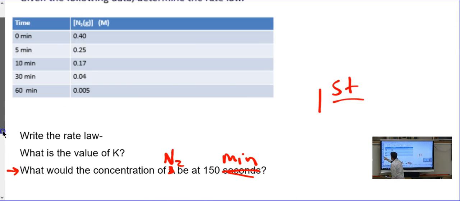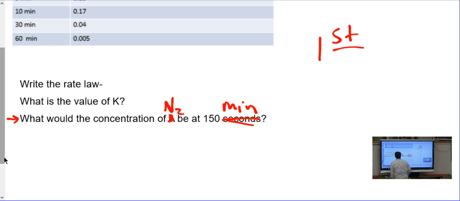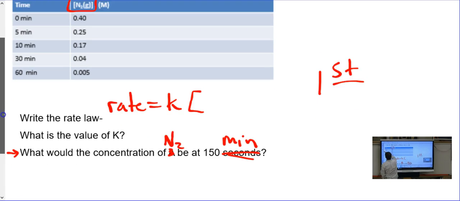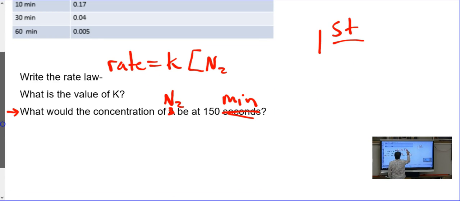Okay, so that data gave me 2 pieces of information. Since the ln was linear, I know that the rate is equal to k times the concentration of N2 to the first. If it was second order, then it would have been curved, and we would not have chosen that.